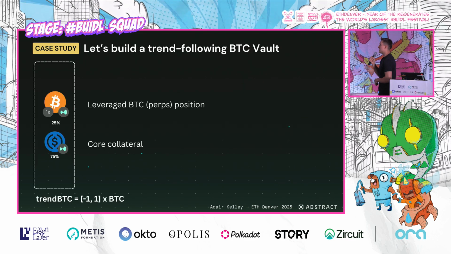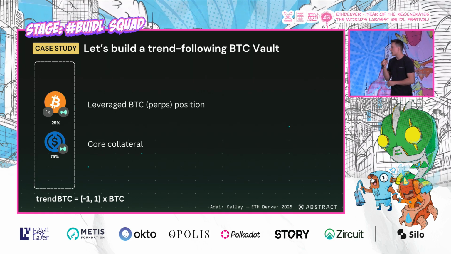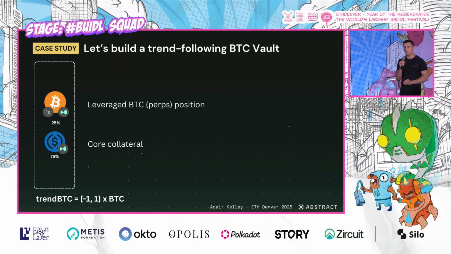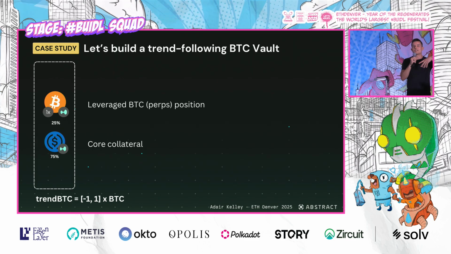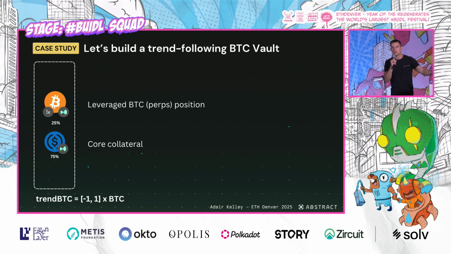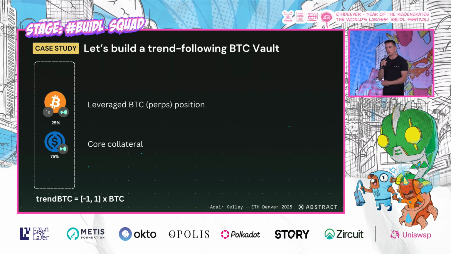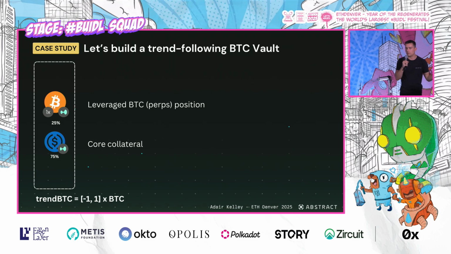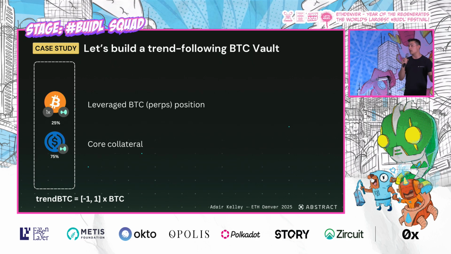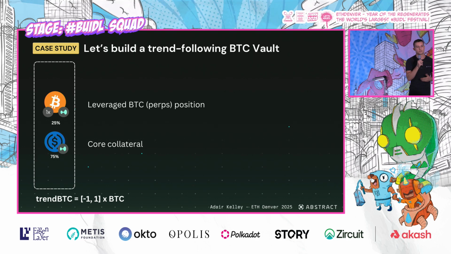So let's take a specific example here. Does anyone know about trend following? If not, trend following looks at the previous price history of an asset, and it generates a signal based on the strength of the price movements of the asset. So if Bitcoin's been trending up, it's a very trendy asset, so it's probably going to continue trending up.